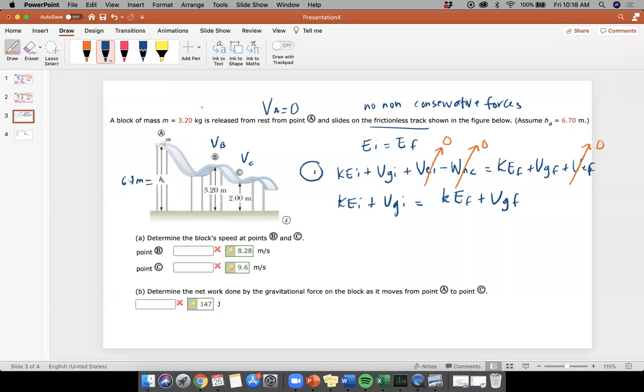Okay, so let's continue. This is the equation that I get when I have identified the energy in the situation. Now I'm going to plug in. The mass is 3.2.